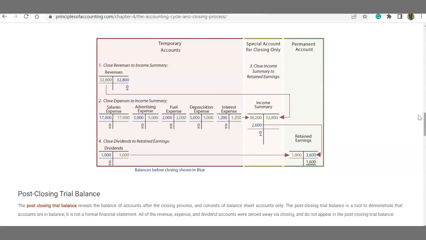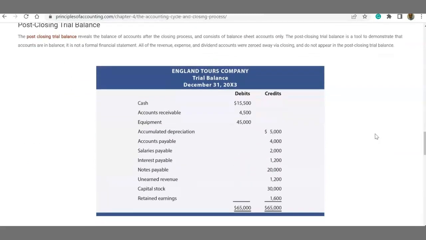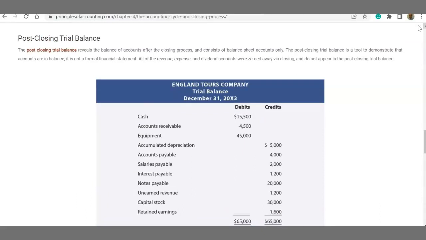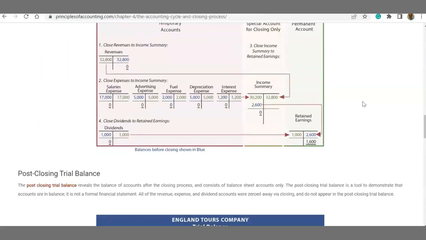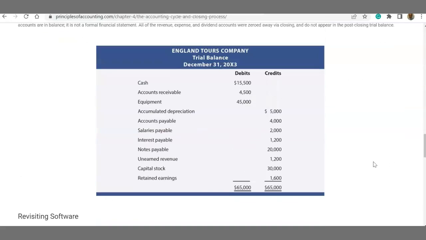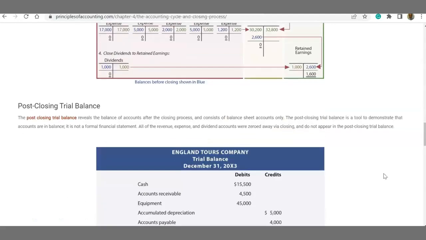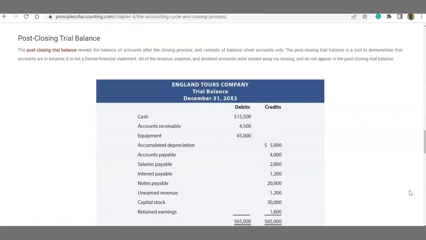Any question maybe on the T accounts? Okay. Then you create your last part of the trial balance, which we call the post-closing trial balance. After posting all these journal entries into the T accounts in the general ledger, there are some accounts that are still left, and they will stay as they are by the end of the year.